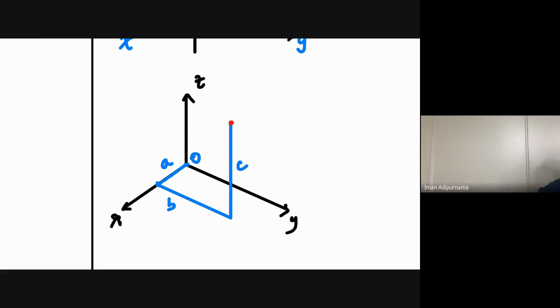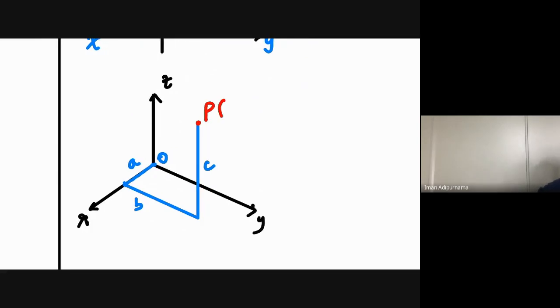If I define a point P here, we can write the coordinate P is (a, b, c).